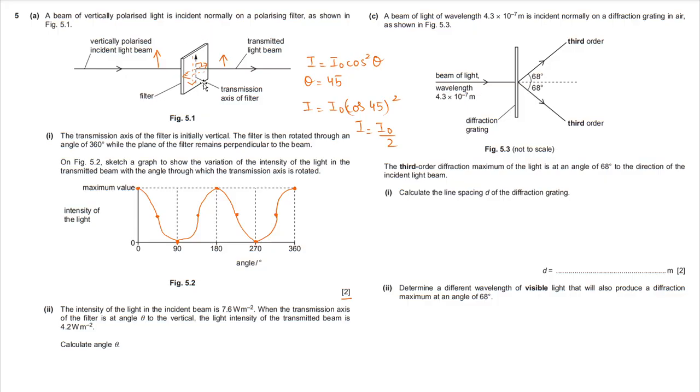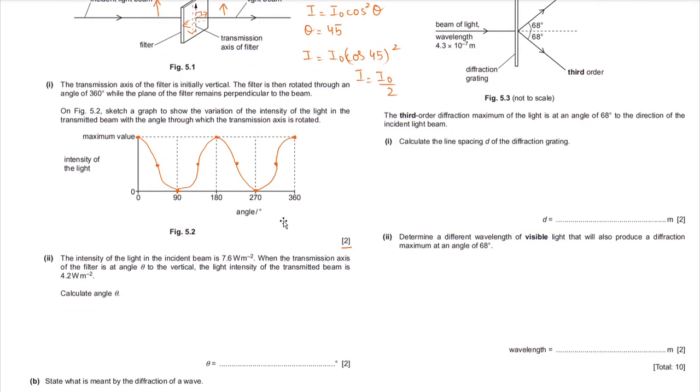When this rotates through 180, it again becomes vertical, so it will again have a maximum value, and at 360 it again gets a complete maximum value. When it's rotated 90 degrees, the vertically polarized beam will be stopped by the filter, so the intensity of the light becomes 0. Between 0 and 90, at 45, the value is going to be half of the maximum value, and it's going to be a cosine graph.